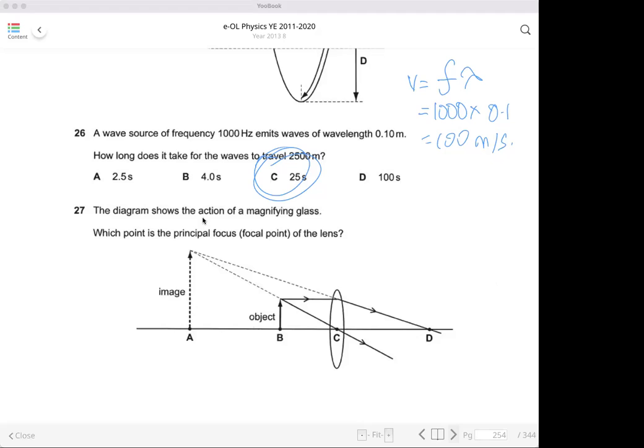And Ryan, very good. Huai Xing, what's your answer for question 27? Okay, Huai Xing, very, very good. So the answer is D. I need not explain question 27. Let's continue.